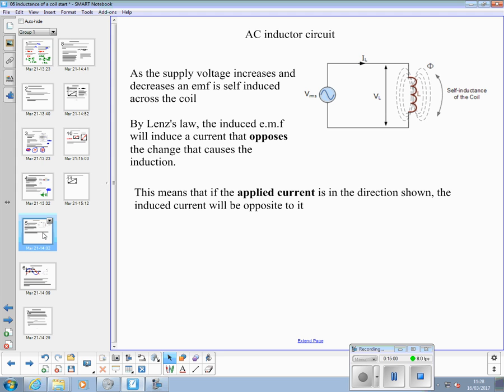Right, so if we put this coil in an AC circuit, what we've now got is a voltage that's doing that, and we've got a current that's doing that too, following it. Okay? In theory.